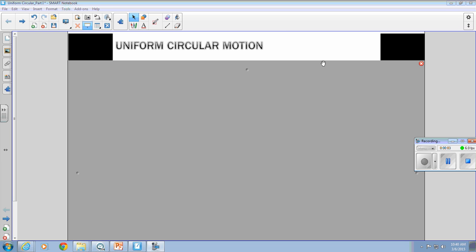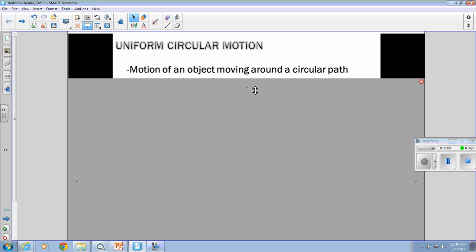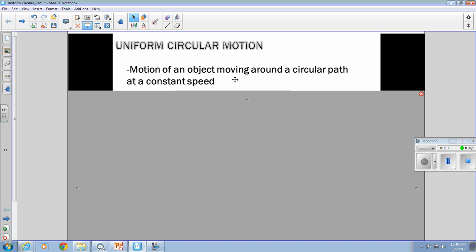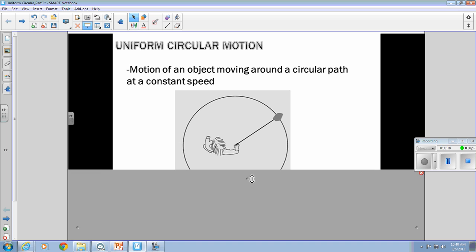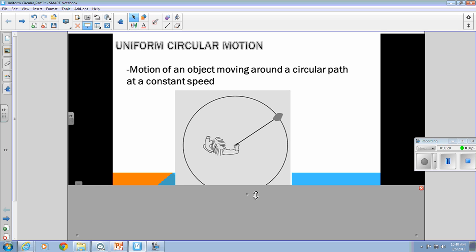Chapter 5 deals with uniform circular motion, and uniform circular motion is the motion of an object moving around a circular path at a constant speed. Okay, so here we go.